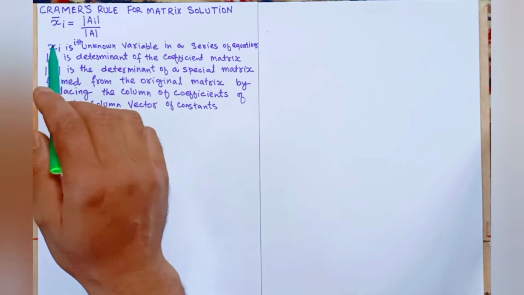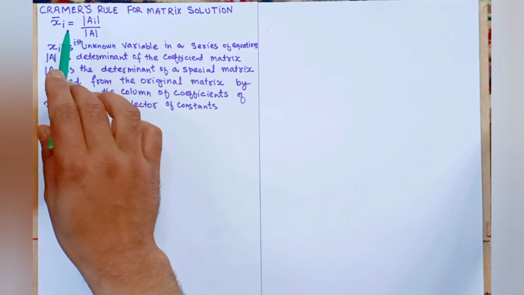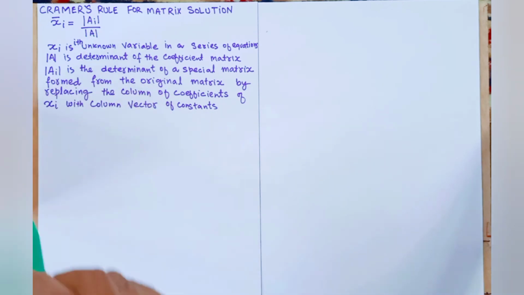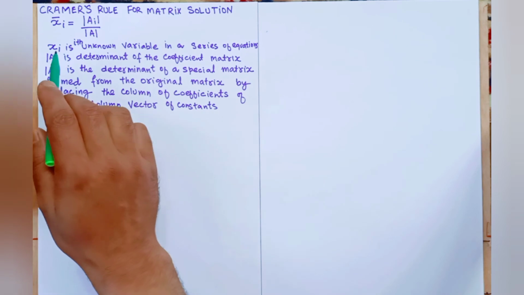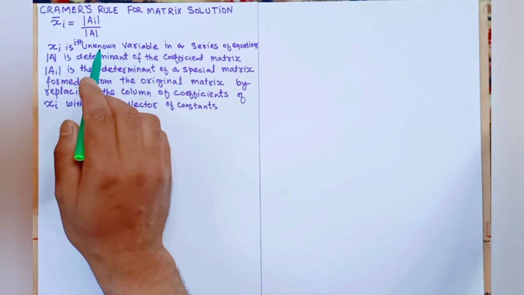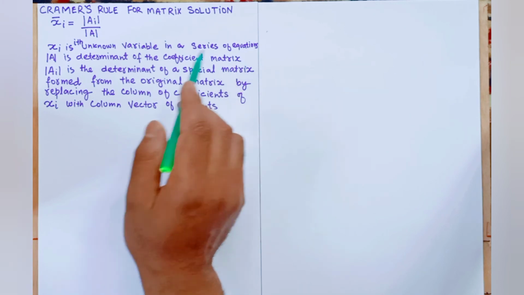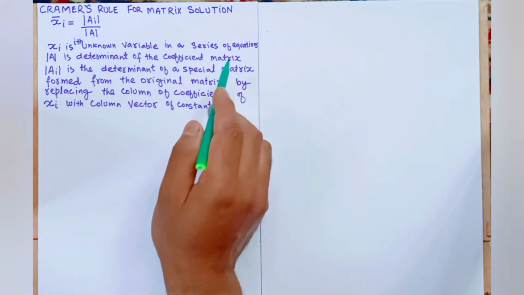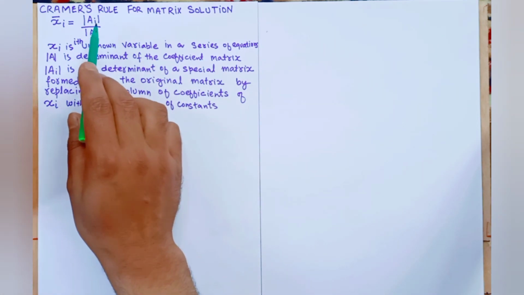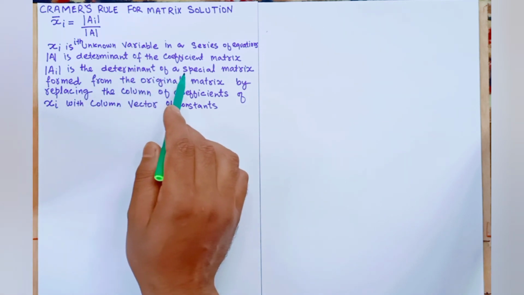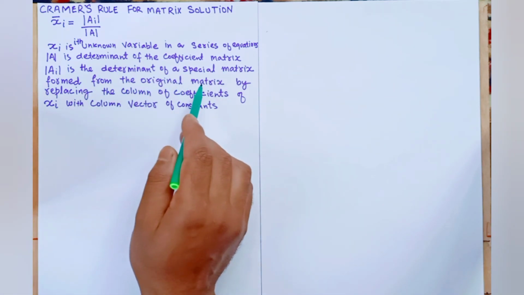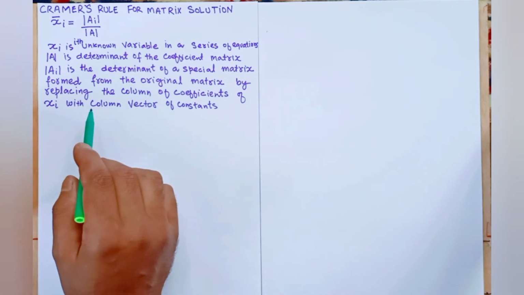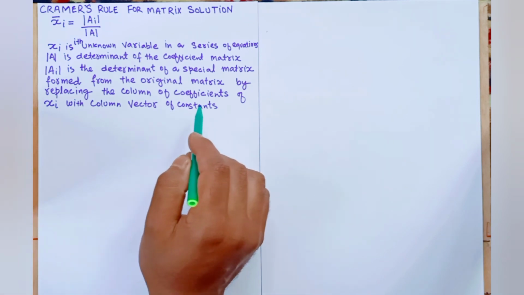Now Cramer's rule states that x_i is equal to the determinant of A_i divided by the determinant of A, where x_i is the ith unknown variable in a series of equations, A is the coefficient matrix, and A_i is the special matrix formed from the original matrix by replacing the column of coefficients of x_i with the column vector of constants.